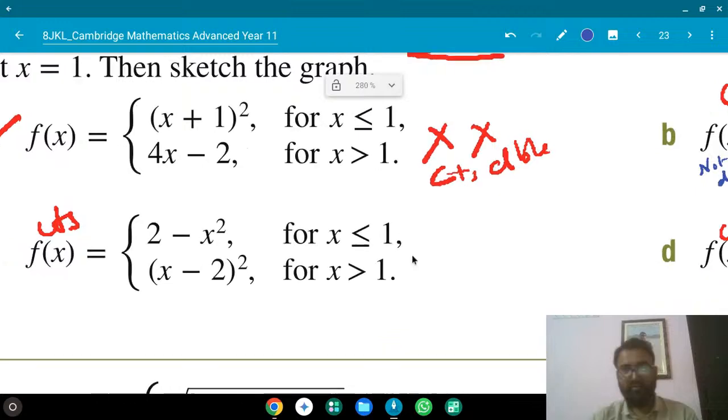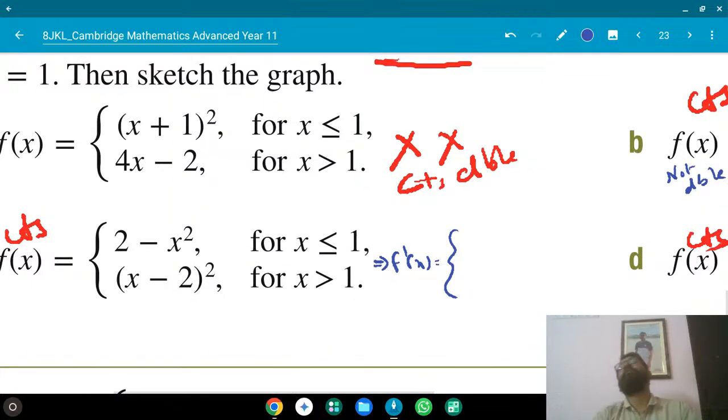Okay, so what is f dash x here? Please comment on f dash x. Minus 2x? No. Chain rule: 2 into (x minus 2) into the derivative of x minus 2, which is 1.